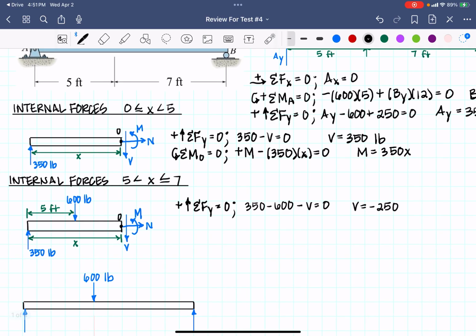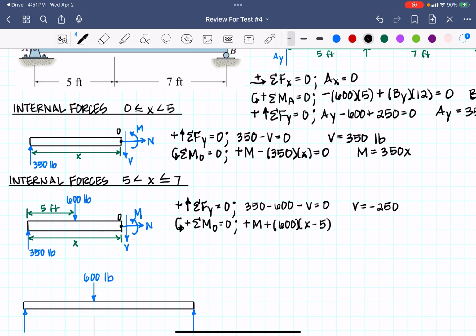And so at that point, let's sum the moments about O, so we can figure out what our bending moment is. We have a positive bending moment plus the 600, and its distance away from O is x minus 5.